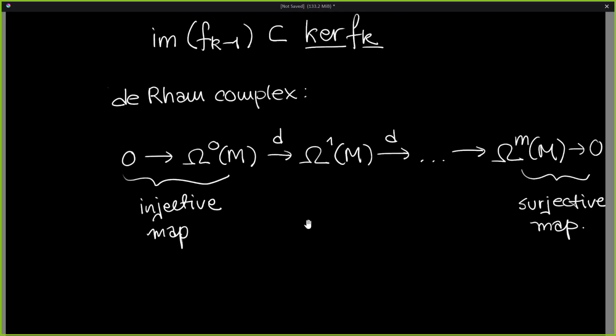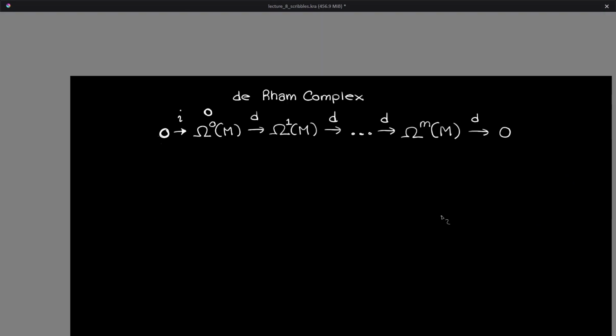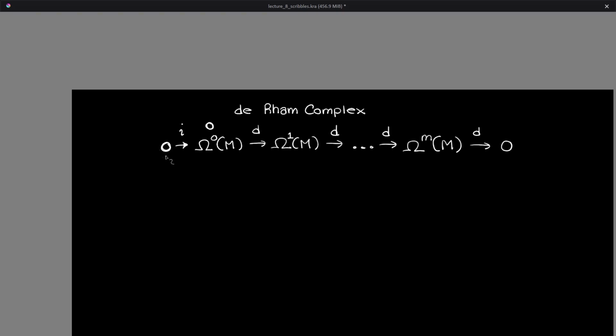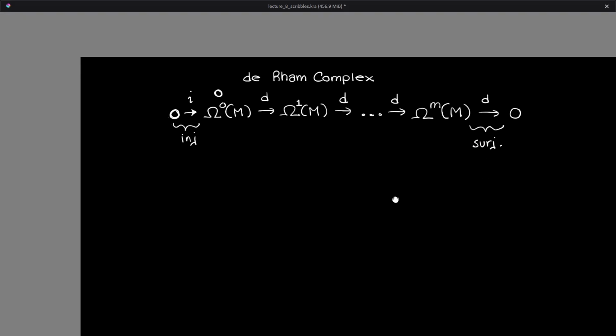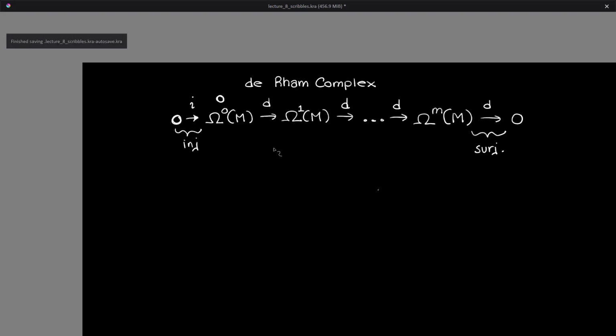Okay, so I noticed that my explanation for why there are zeros on the two ends of the de Rham complex isn't very satisfactory. So let's re-explain why this is true. I just said that this is injective, and this is surjective, and then I hand waved it away, and that wasn't very satisfactory. So let's see what the actual explanation is.